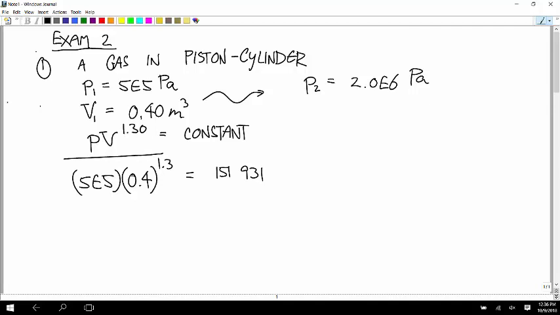Okay, so we have this relationship that says pressure times volume to the 1.3 is equal to 151,931.